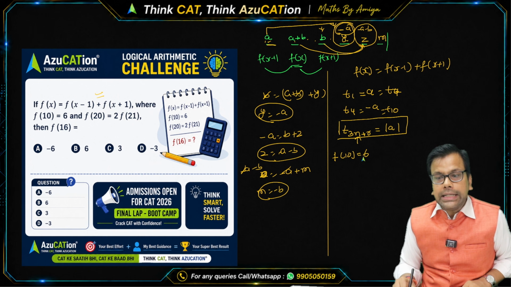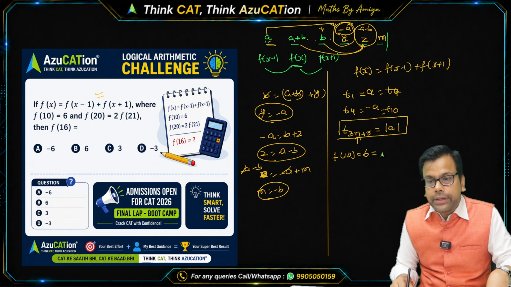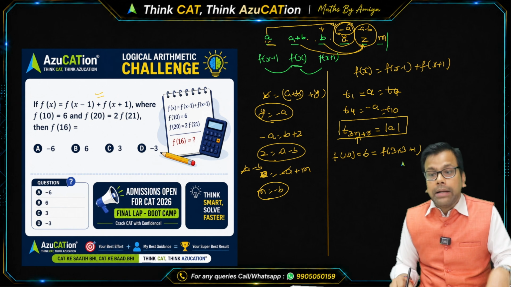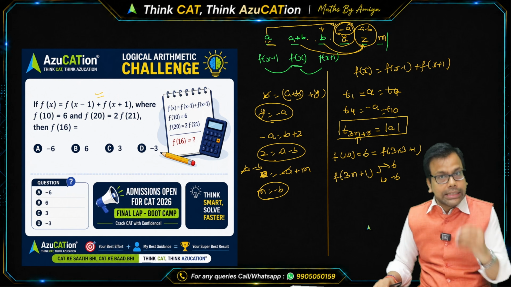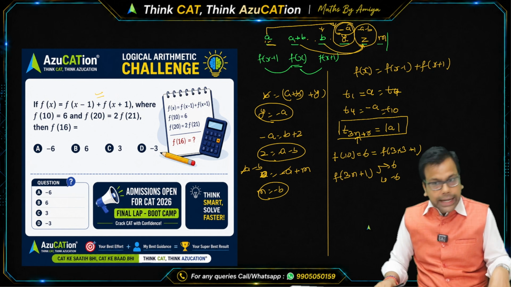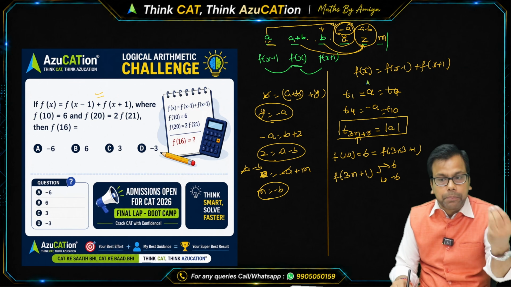If f10 is 6, definitely, can we write this as f(3n plus 1), which will give either 6 or minus 6. It will give either 6 or minus 6. Any doubt? The gap of 3 terms always gives the same thing with a plus or minus.